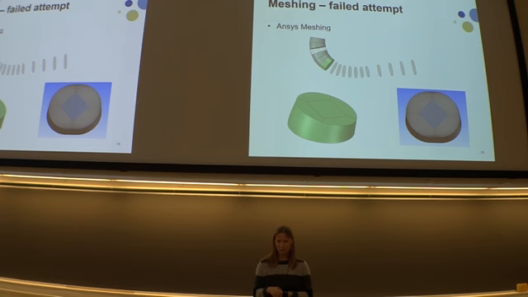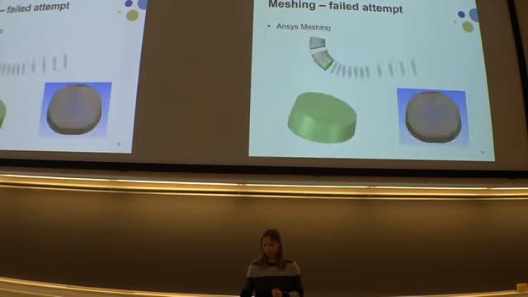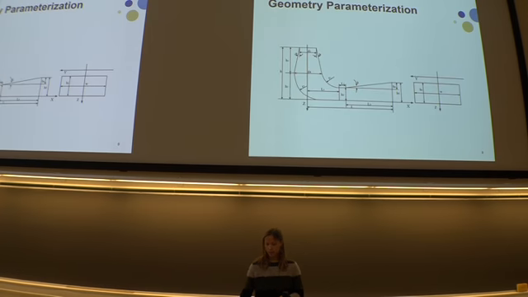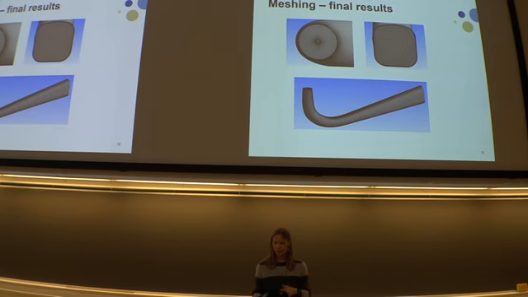But I learned to use the number of divisions tool in ANSYS meshing at least. So this is the final mesh I obtained, where I used the green geometry, and it's a more automatic meshing method.